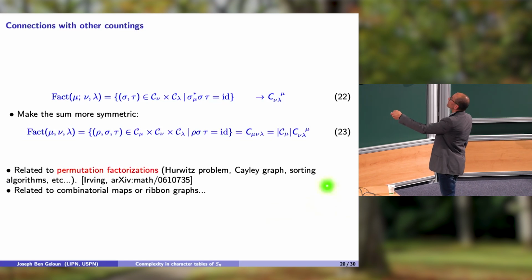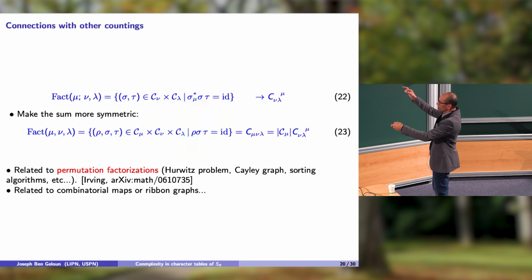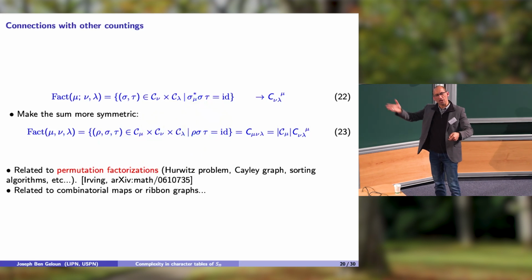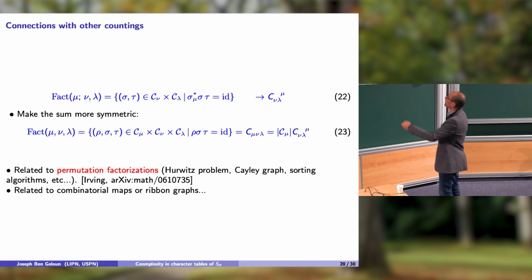The first is when you have this triple relation, you can put it in a more symmetric way, in this way. Rather than picking one single element in the conjugacy class, I can just enlarge to any element, but I will have an extra normalization to take care of.